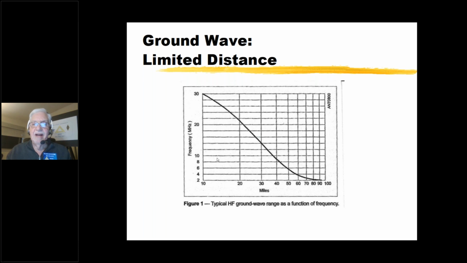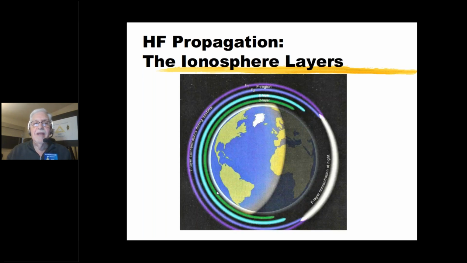If you look down here at the bottom, frequency in megahertz, 160 meters is not very good for ground wave propagation, and as you go higher, you get more distance, and here's why.